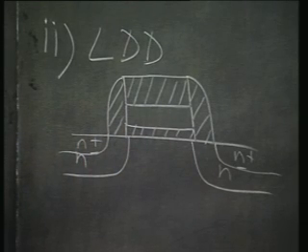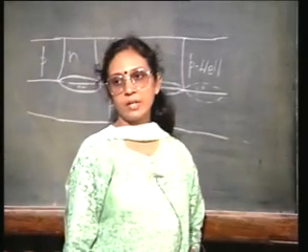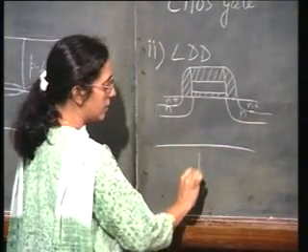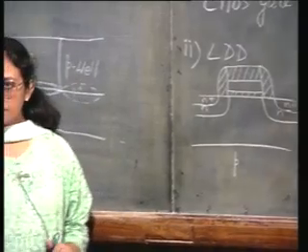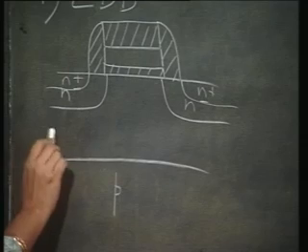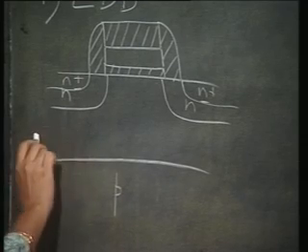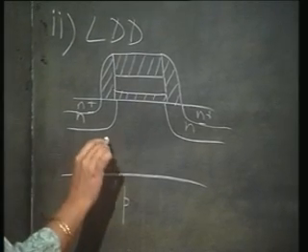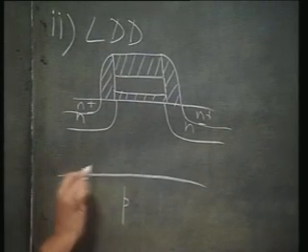Think back for a moment to how the extrinsic base was self aligned to the poly emitter. What did we do? We had the base p type region. Okay. We deposited a poly, okay, and then there also we had used a spacer, right.